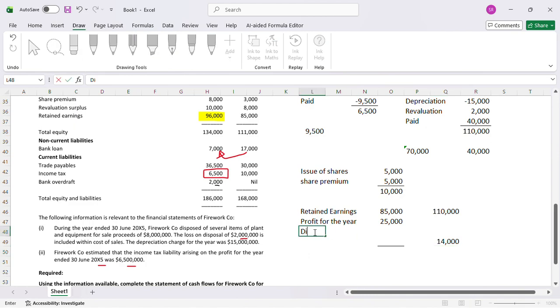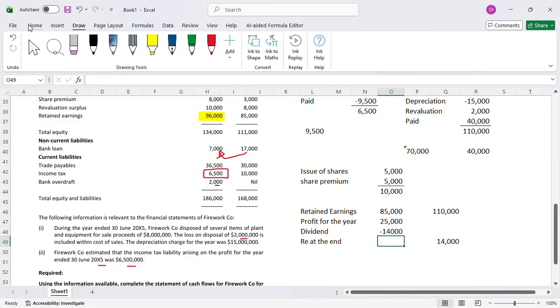Now, let me put it here so that it's clear to you. So you see here, retained earnings at the start of the year plus profit for the year minus dividend should give you the retained earnings at the end of the year.